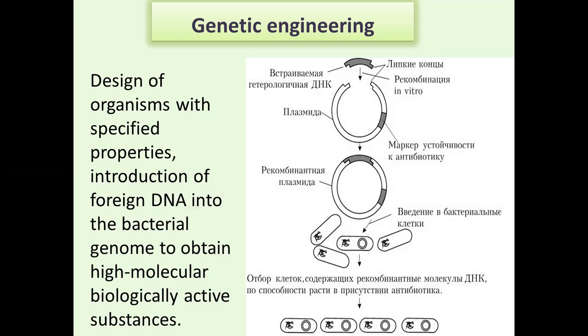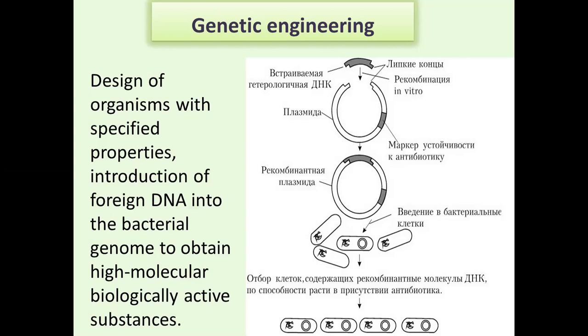For example, genetic engineering is used for production of insulin, the human hormone which is necessary for treatment of type 1 diabetes. The insulin is a protein, so in the human cell there is a gene responsible for its synthesis.